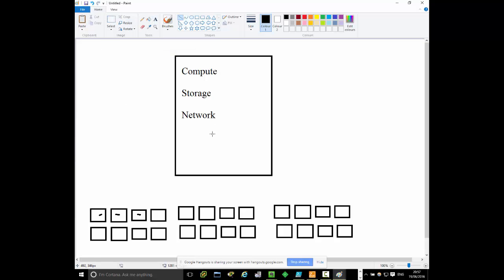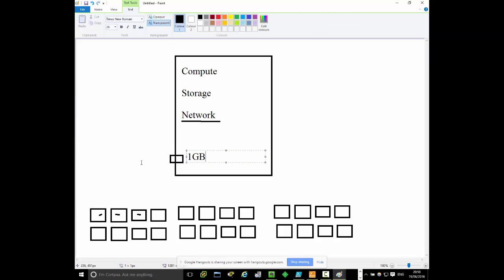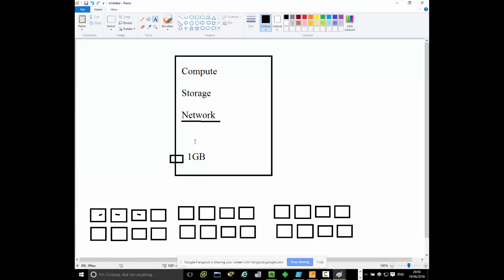If the bottleneck is network latency, let's say this thing has a port, and the port is capable of 1 GB. Let's say this is a file server, and there's latency on the network side where multiple people are trying to access resources over this 1 GB network port.